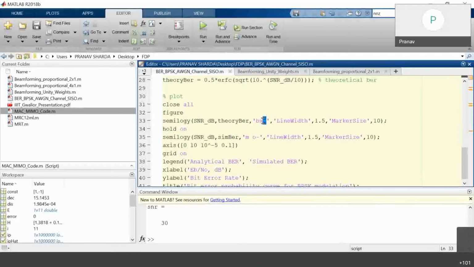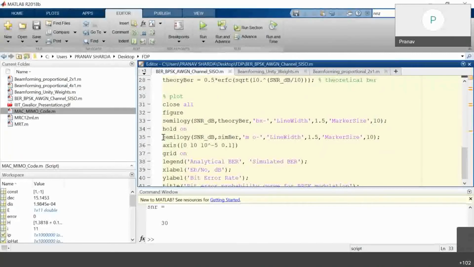This is the color of that particular curve: B denotes blue, and the line width of the curve we have considered to be 1.5. All these definitions are there in the MATLAB library, and we are taking a marker size. There would be certain markers on the curve, which you will see when I run this code, and we are taking the size to be 10.